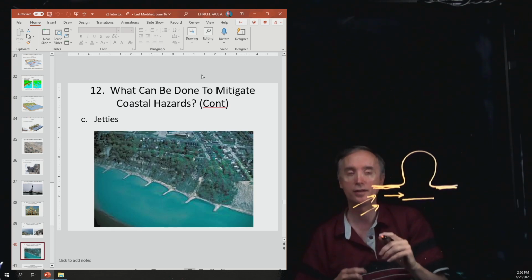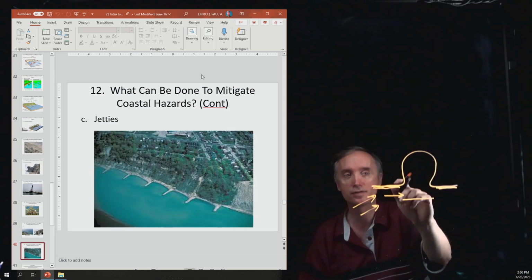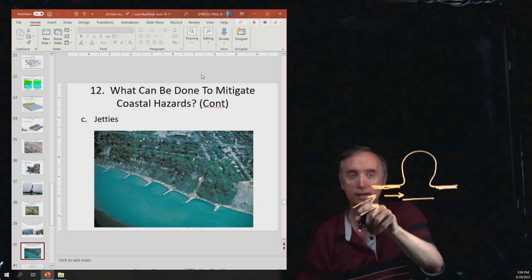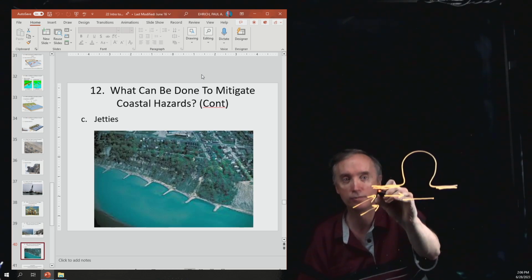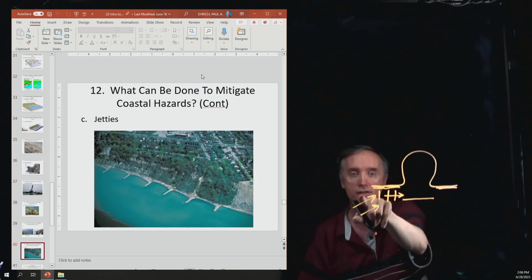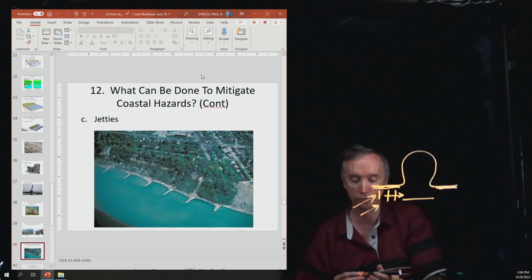So that means that sand is going to pile up over here, and then sand is going to disappear over here. So one way of getting around that is to make jetties. So you're going to make these things that go out like this into the ocean, and then what that does is it absorbs these ocean waves and makes it less likely that the sand is going to move.